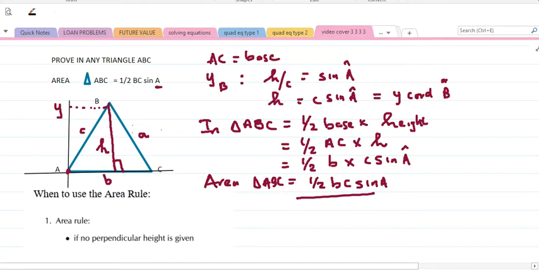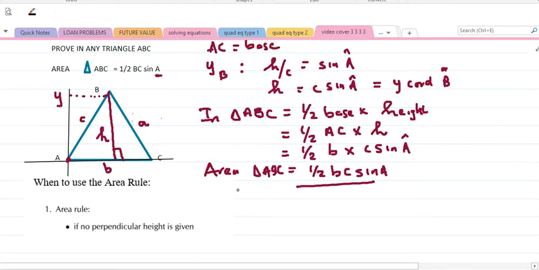But what if we are asked to prove the area with angle B in the standard position? So all we need to do is rotate the triangle and we can show that the area of the triangle ABC is also equal to half AC sine angle B by rotation.